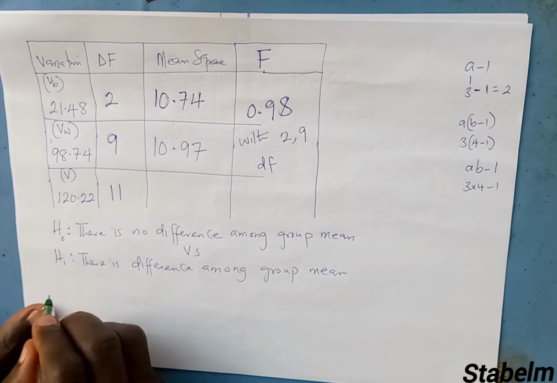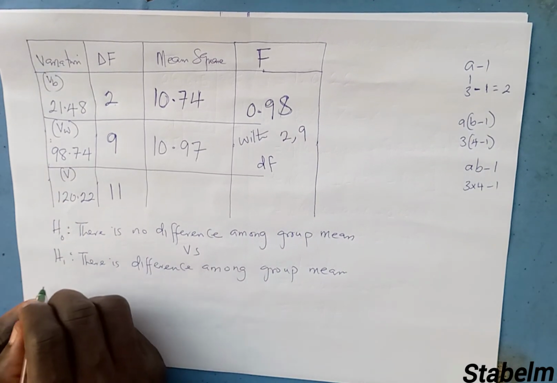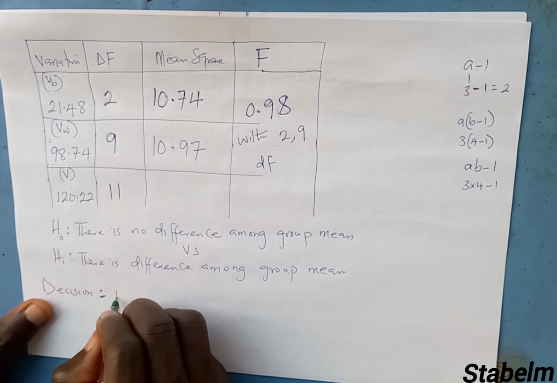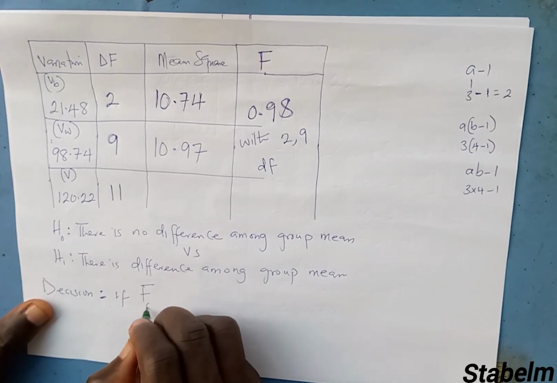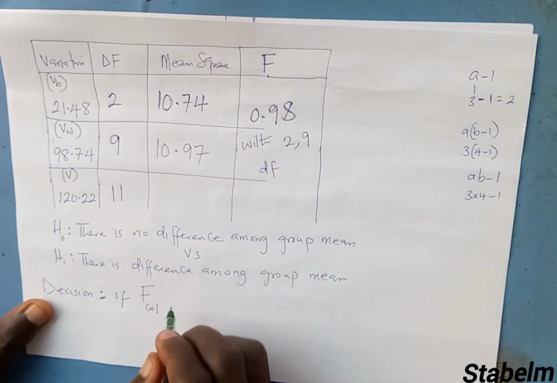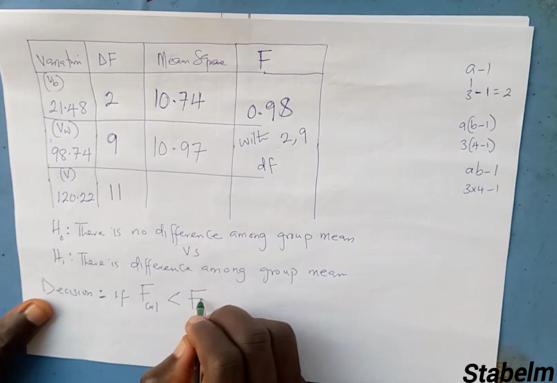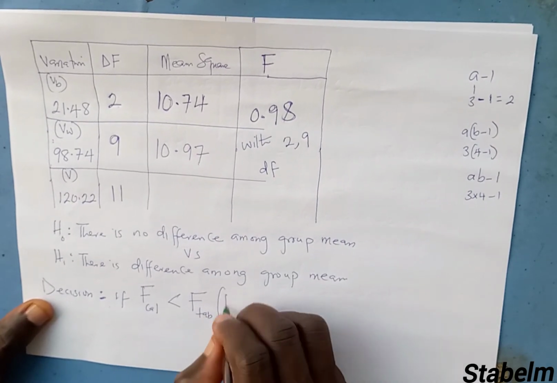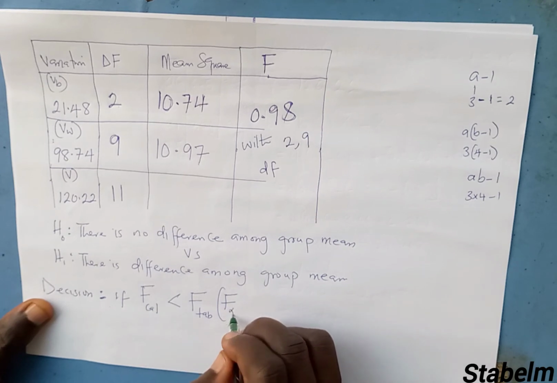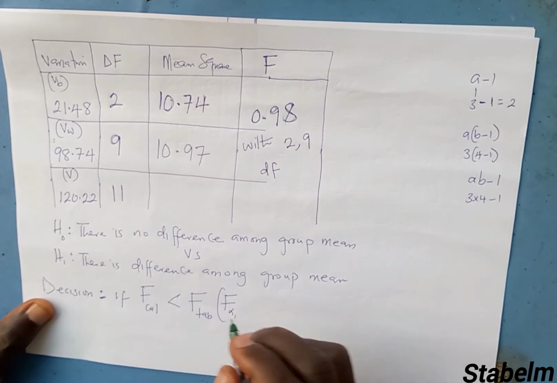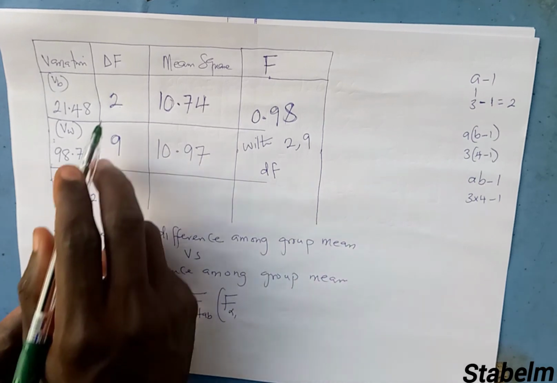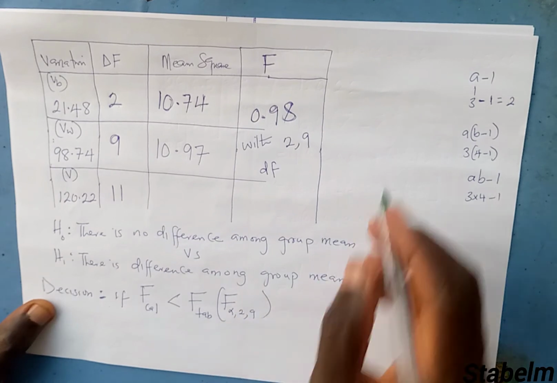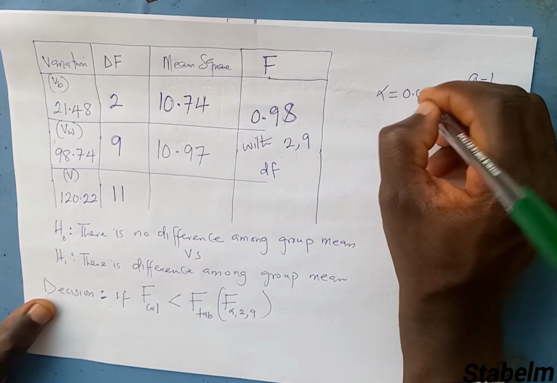Now here we need our conclusion. So it's a decision. How do we take our decision? We just say if F calculated, the one we calculate here, is less than F tabulated, and F tabulated is F alpha, that is the level of significance, comma the degrees of freedom, which here are 2, 9, and we should not forget that our alpha is 0.05.